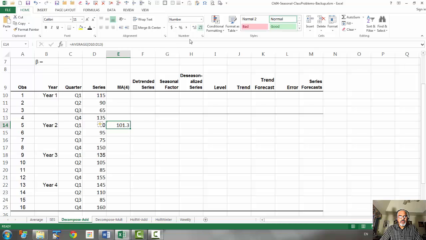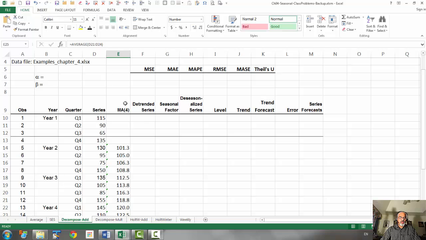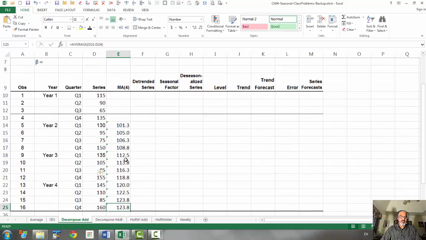Okay. Now you copy that all the way down. Then you have one average of the immediate past 4 seasons. So this moving average is all the seasonalities removed because you're averaging one entire cycle of seasons.